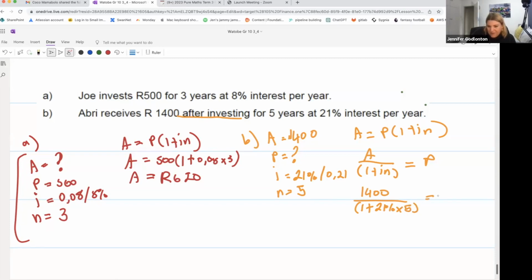Good. And what do you get in your calculator? My answer is 682 Rand, 93.